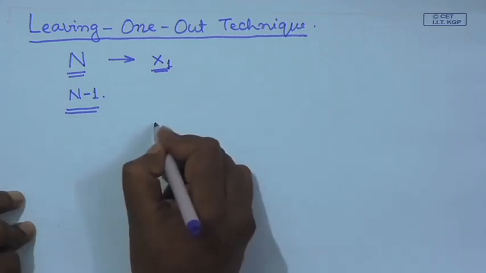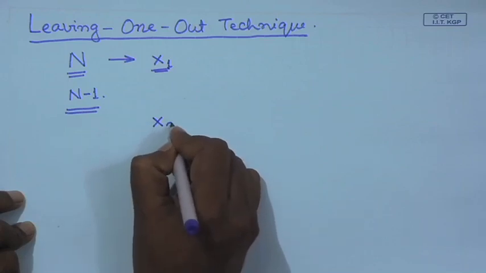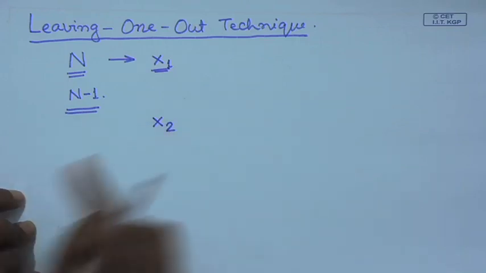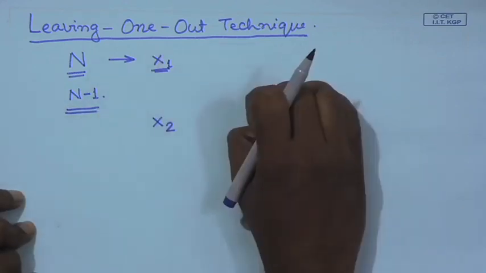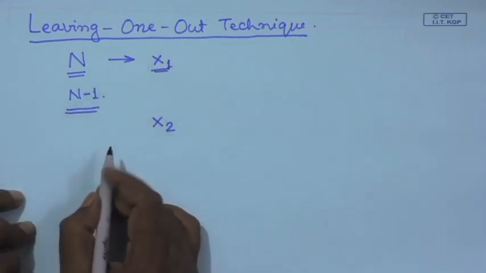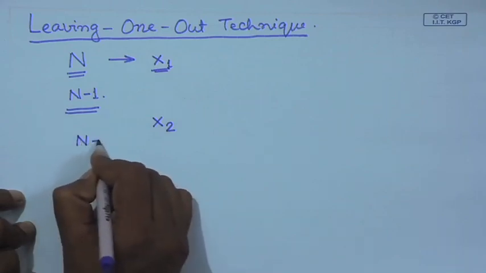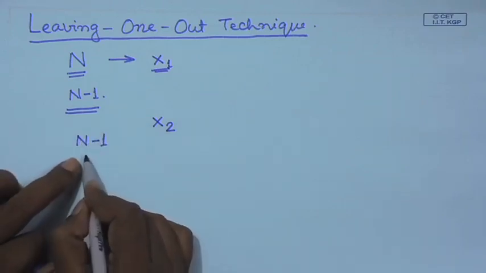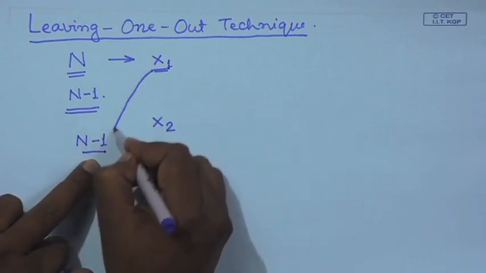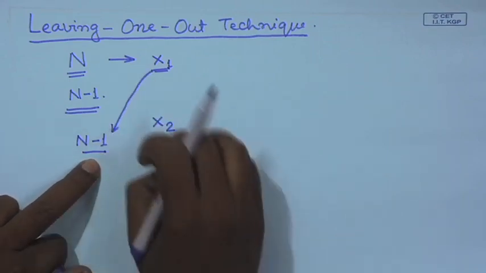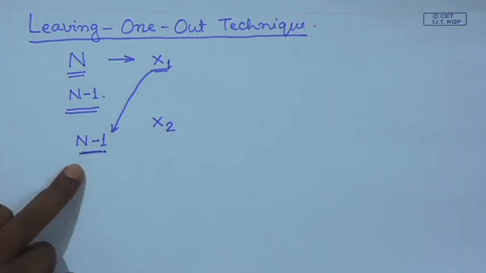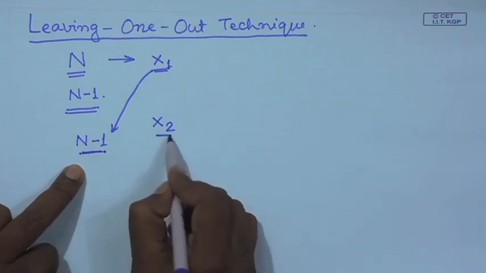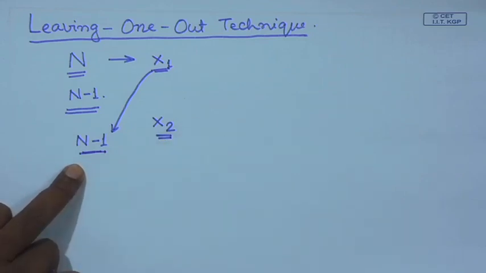Next, I set aside another sample, say x2, and use x1 for training again. If I set aside the training sample x2, I am again left with n minus 1 samples for training, where these n minus 1 samples include x1 and exclude x2. Using these n minus 1 samples, again you design the classifier, and using x2 you test the classifier.